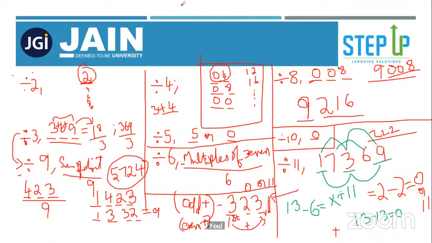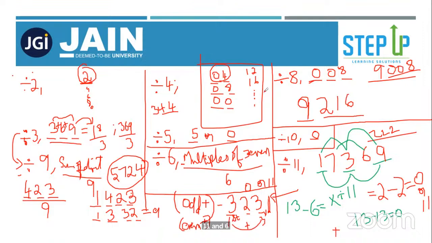I could say the method is followed everywhere in all the math books, but I'm trying to explain it in the way I understand the topic. So these are the notes of 2, 3, 4, 8, 9, and nothing to do with 5 and 10, so you can leave it. 11 and 6.